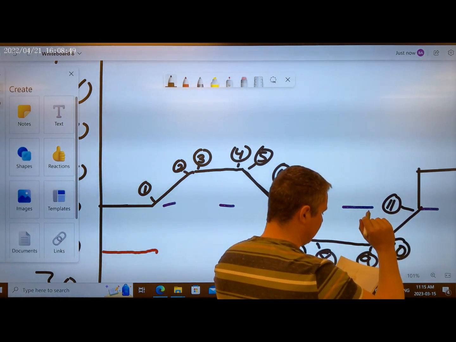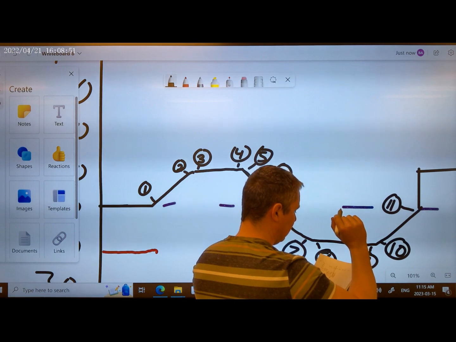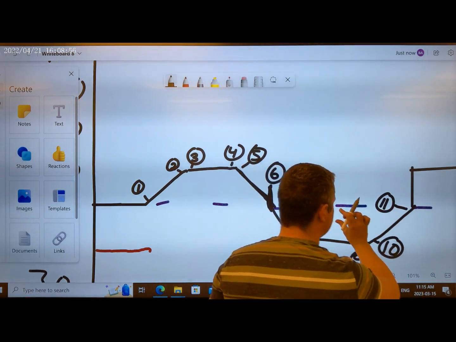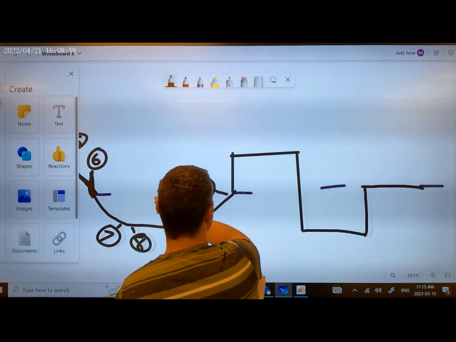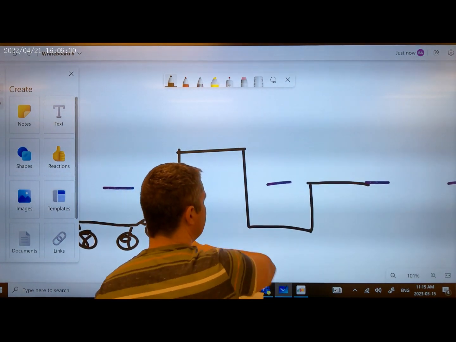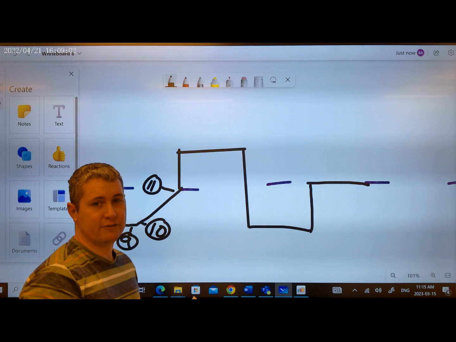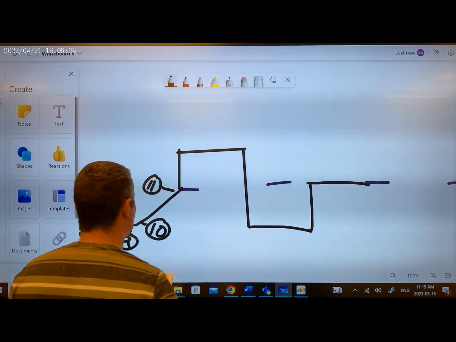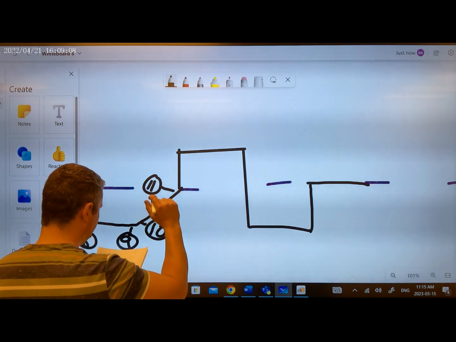Now here's where things start to change. When we look at this square wave right here, we're really going to see how derivative comes into effect with a square wave or a very high ramp.